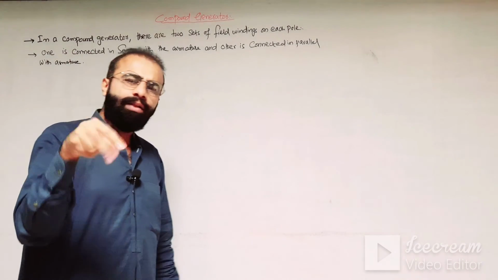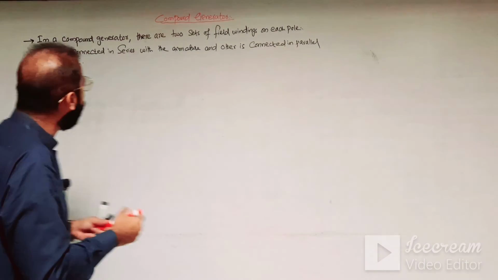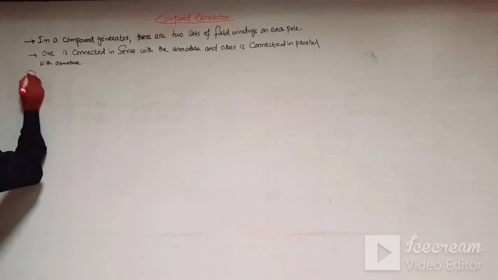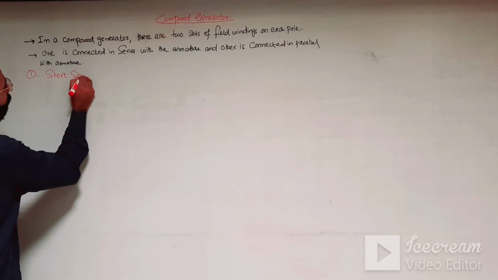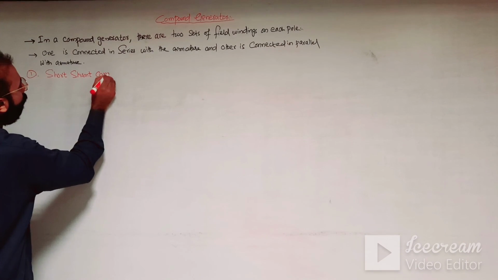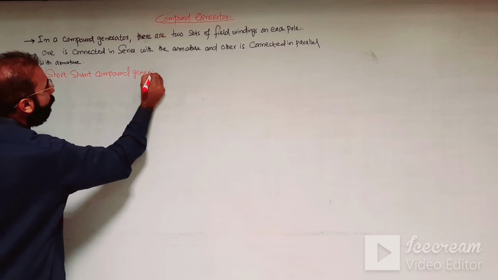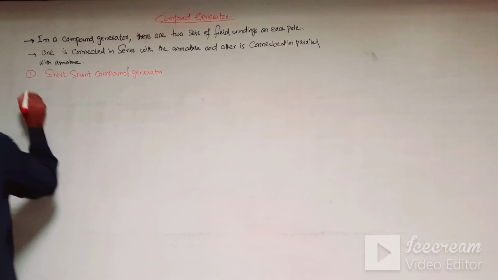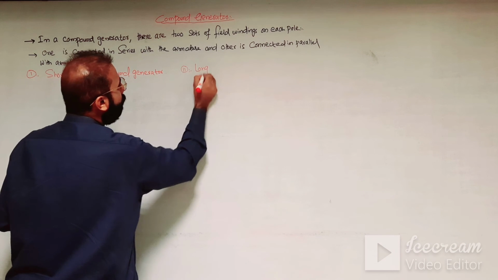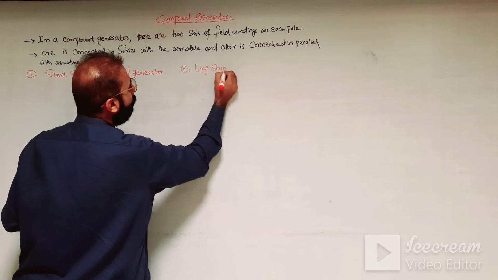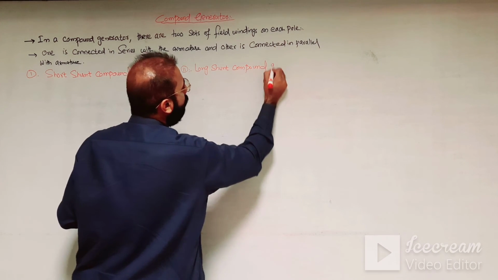So there are two types of the compound wound generator. The first type of the compound wound generator is the short shunt compound generator, and the second is the long shunt compound generator.